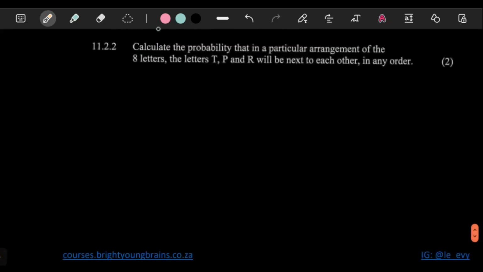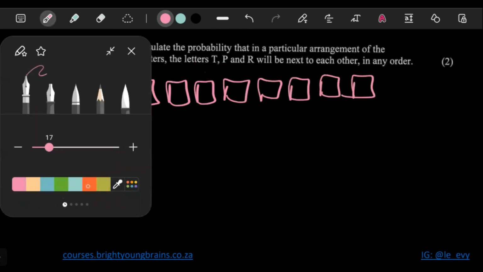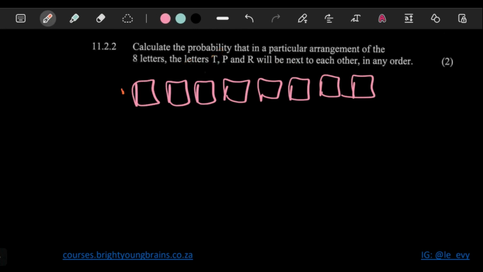The next one says calculate the probability that in a particular arrangement of the 8 letters, the letters P, T, and R will be next to each other. So if you have 8 letters to choose from, 1, 2, 3, 4, 5, 6, 7, 8. If 3 of them are meant to be stuck together, you imagine 3 being stuck together.